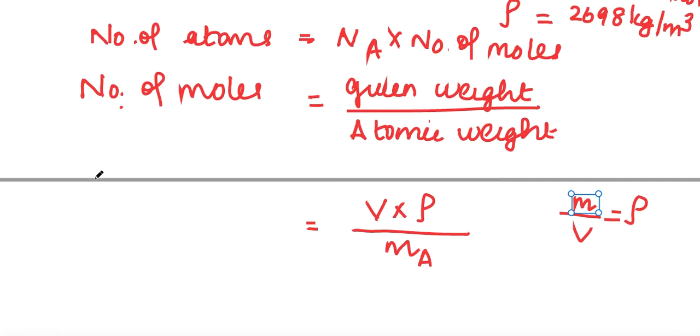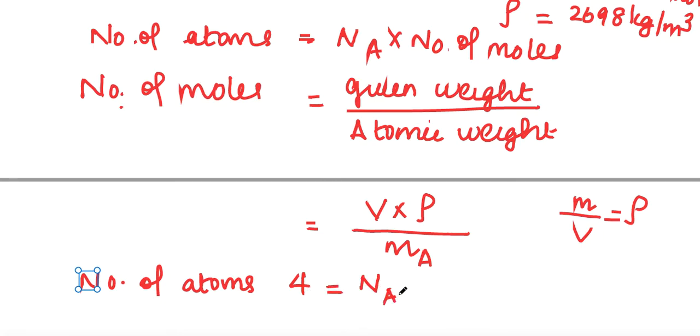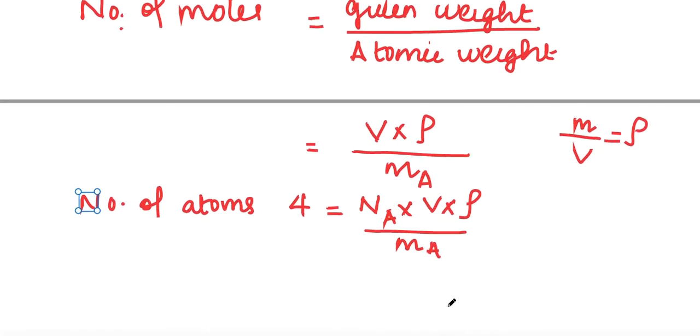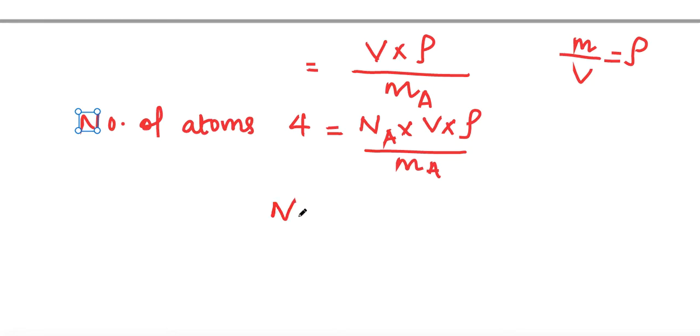In the previous equation, the number of atoms is 4, so 4 is equal to Avogadro number into the given weight divided by atomic weight, which is V into rho divided by Ma. So the Avogadro number Na is equal to 4 into Ma divided by V into rho. Here Ma is the atomic weight, V is the volume of the unit cell, and rho is the density of the crystal.